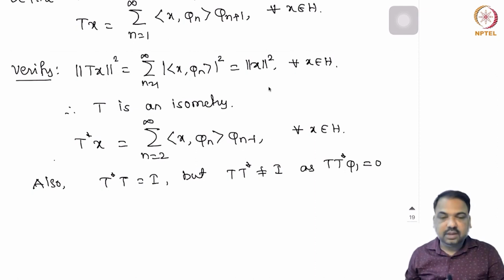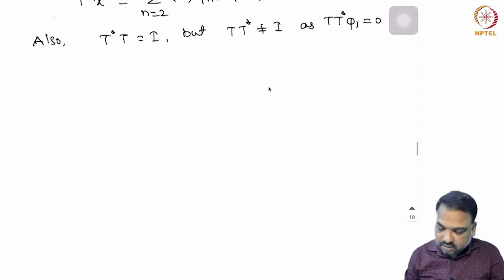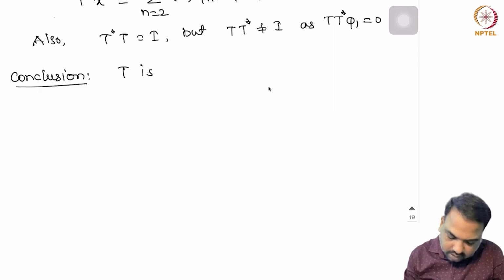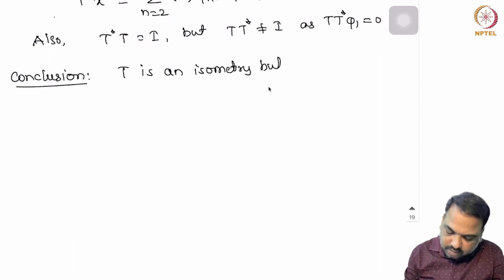So this is an isometry but not unitary. So the conclusion is the following: T is an isometry but not a unitary.